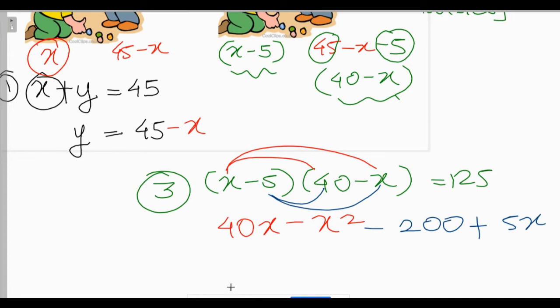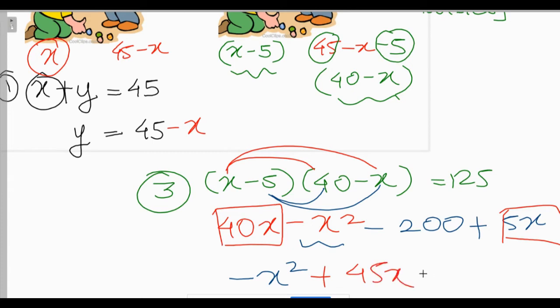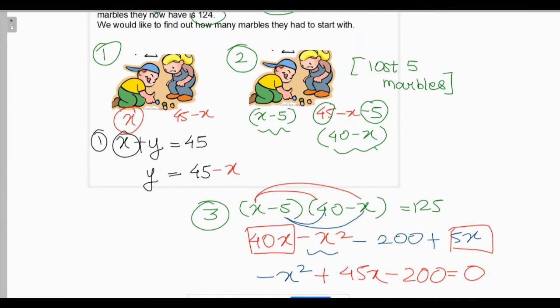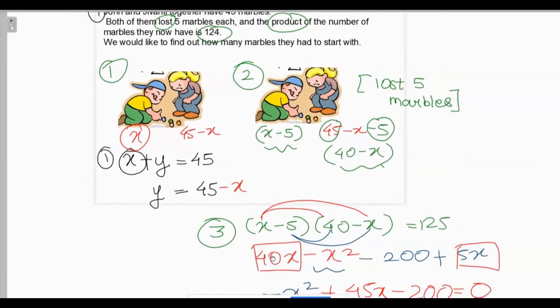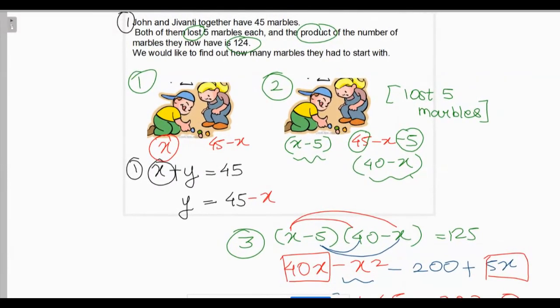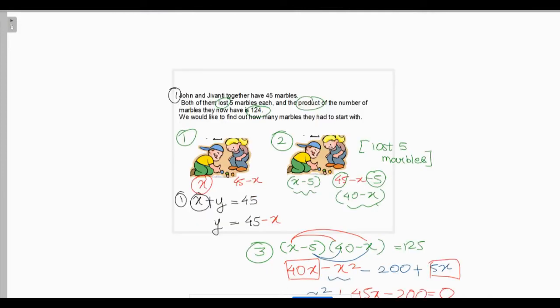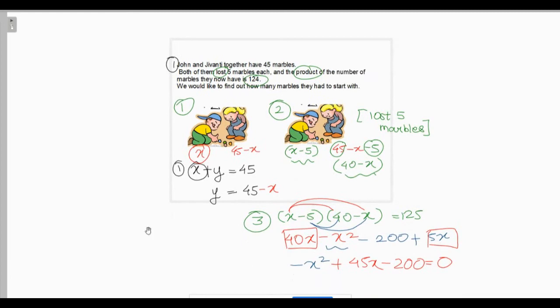Now I'm writing it in the standard form: minus x square, then you can add x and x. So 40 plus 5, 45x, minus 200 is equal to 0 is your answer. Okay, pretty simple. You can have a look at the entire question here. I'll just minimize the screen. If you want to take a screenshot, you can.